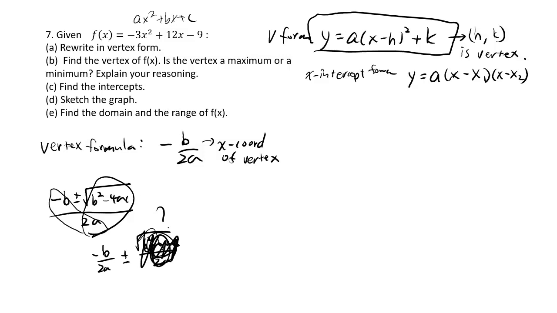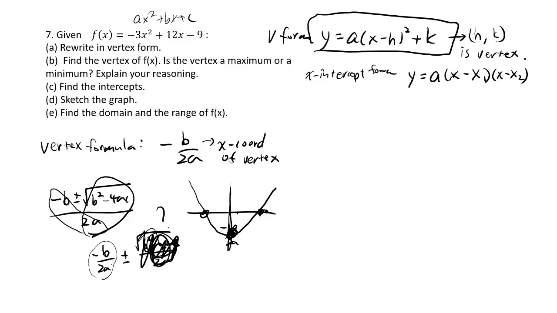But all I'm trying to say is that there's some value, and the two roots are this plus that value and this minus that value. So you have negative b over 2a, and one x-intercept is this plus something, and another one is this minus something, so this is like the midpoint between the two roots. And if you look at the graph of a parabola, then the vertex is right in the middle of the two roots, the two x-intercepts. If you take the midpoint, that's where the vertex is.